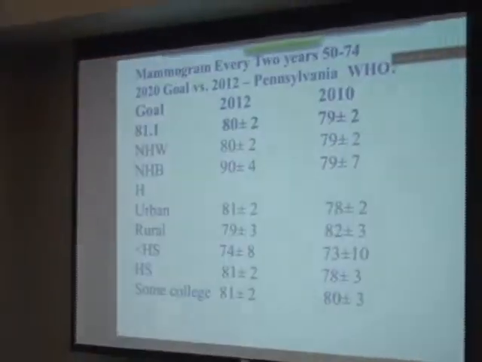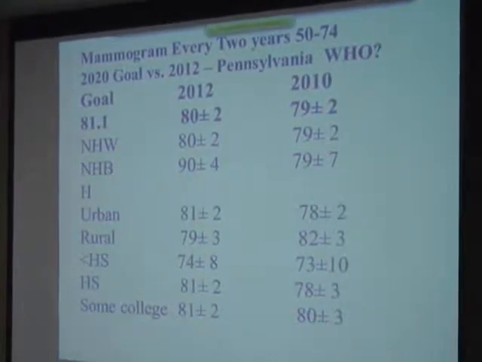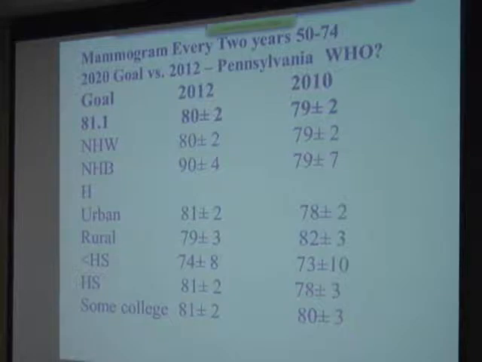Now, when I looked at a table, and I just typed it up myself here, what does this table tell us from 2010 to 2012, from right to left this time? Every 2 years, a mammogram among women aged 50 to 74, who looks like they're the most in need?